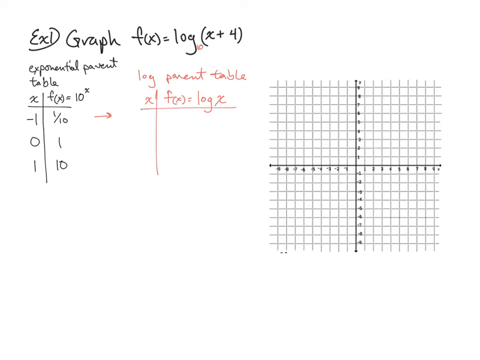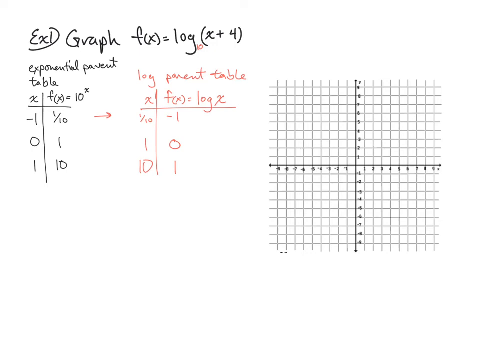We already have the exponential table right here. We just have to turn all of the x's into y's and all of the y's into x's. So here we go. We have 1/10, 1, and 10. And then we have -1, 0, and 1. So again, all of these x's became the y values, and all of these y values became the x values.